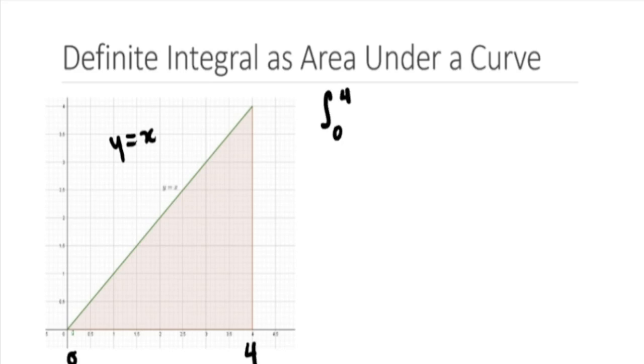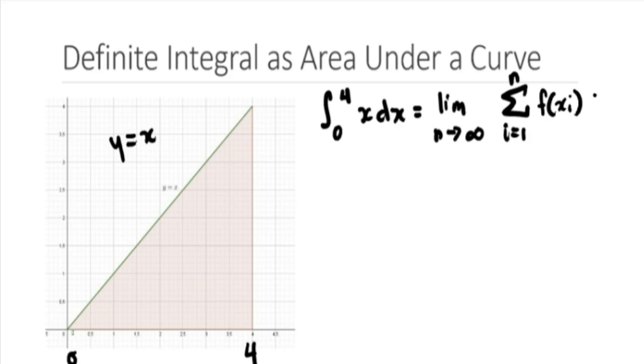So, the definite integral from 0 to 4 ng x dx, this is actually the limit as n approaches infinity ng sum from 1 to n ng f of x sub i delta x. Okay. So we have to find the x sub i and delta x.